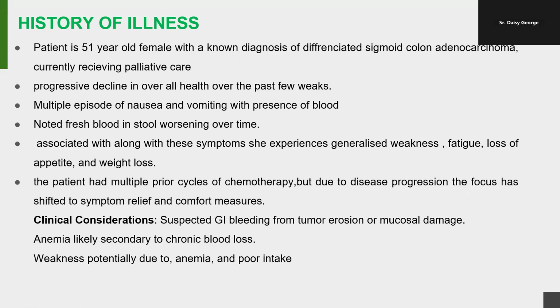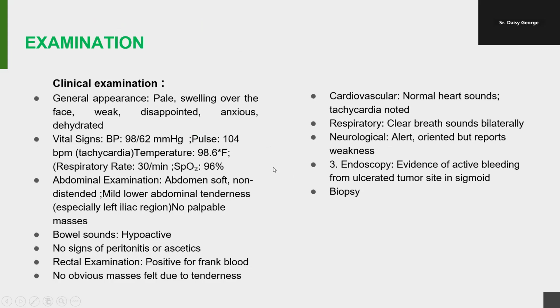The patient had multiple prior cycles of chemotherapy, but due to disease progression, the focus has shifted to symptom relief and comfort measures. Clinical considerations: suspected gastrointestinal bleeding from tumor erosion or mucosal damage, anemia likely secondary to chronic blood loss, weakness potentially due to anemia and poor intake. Next, please.